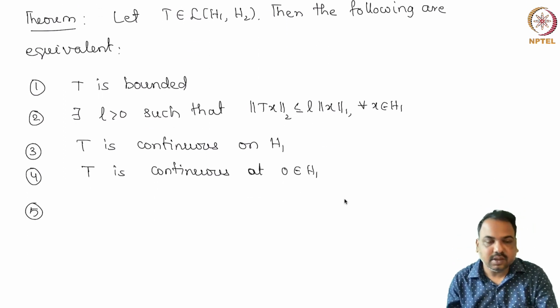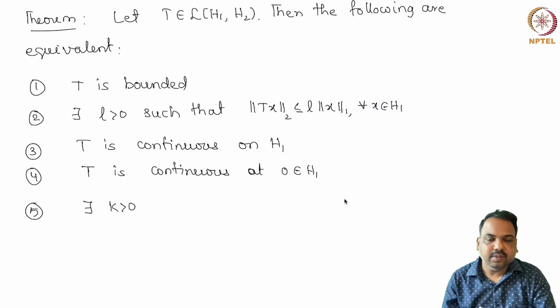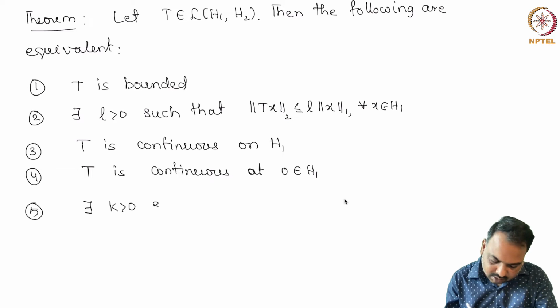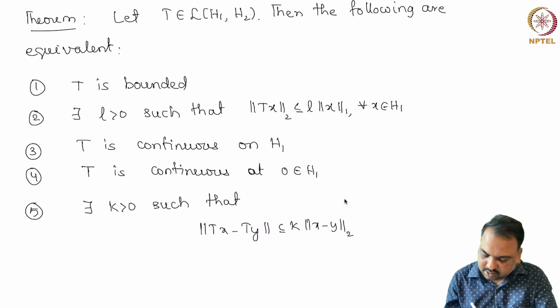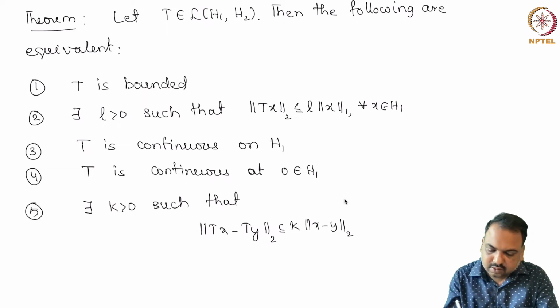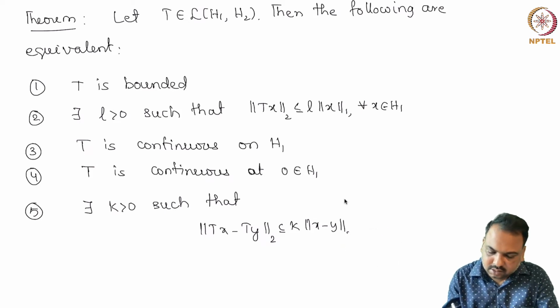Equivalently, you can say that there exists some k positive quantity such that norm of Tx minus Ty is less than k times norm x minus y, and this is for every x, y in H1.